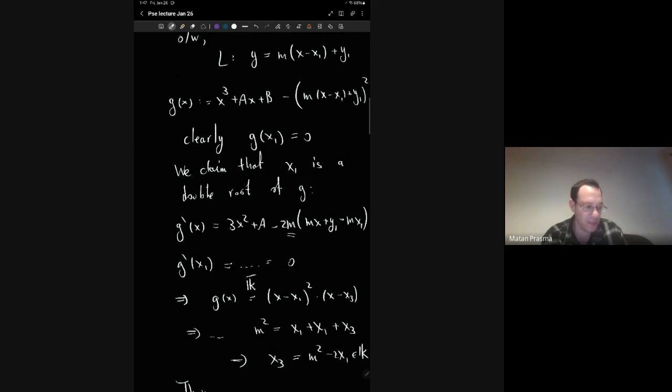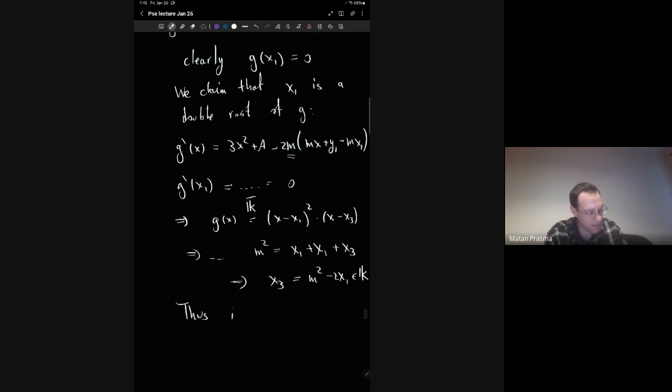Also, in the previous cases, there could be no more than 3 intersection points, because intersection points would have x coordinates being a root of a cubic, and there could only be 3 possible roots of a cubic.